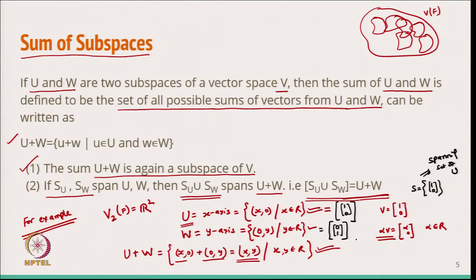In this case also the spanning set contains only one element, 0 1. So, this is the way we can define the spanning set of a subspace.